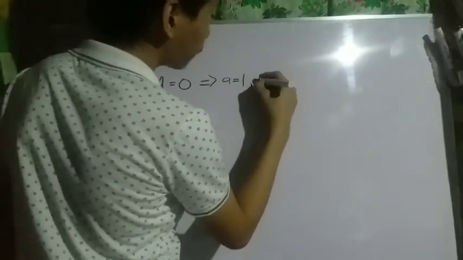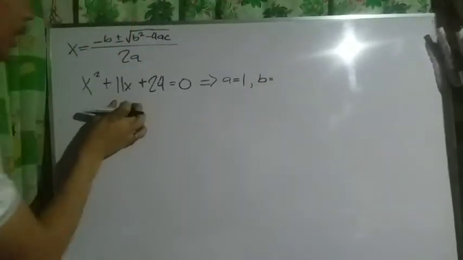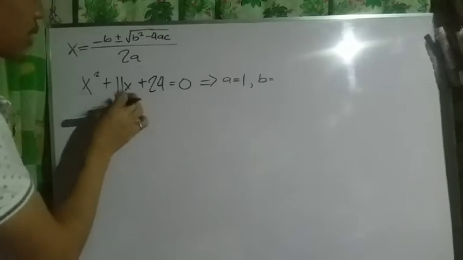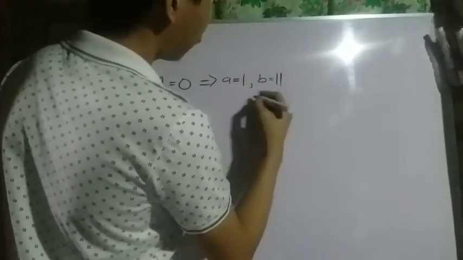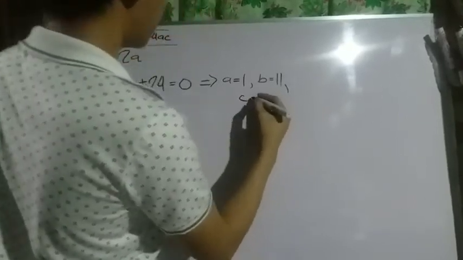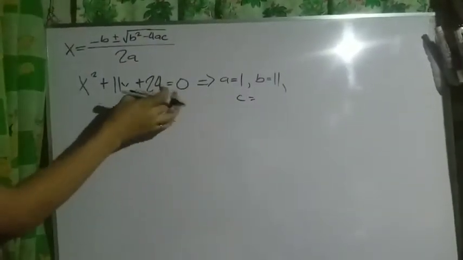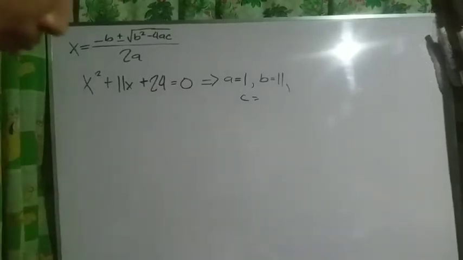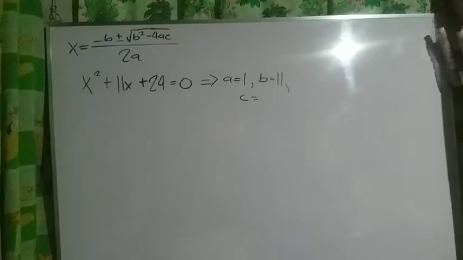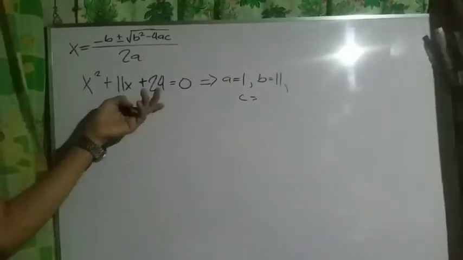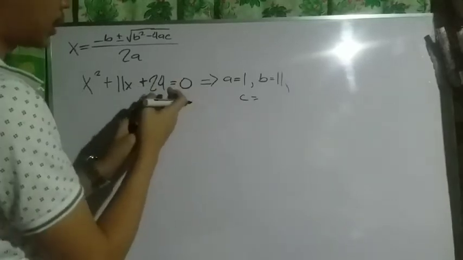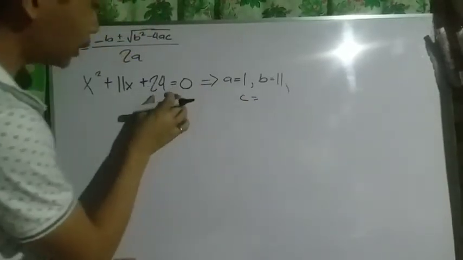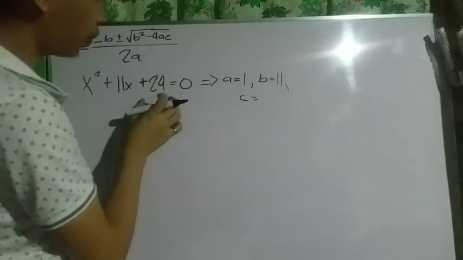And for b, it will be the second term. So 11x. So the coefficient of x is 11. And for c, it will be the last term or the third term. The c is 24, the constant term, located at the last term, or the third term of your equation.